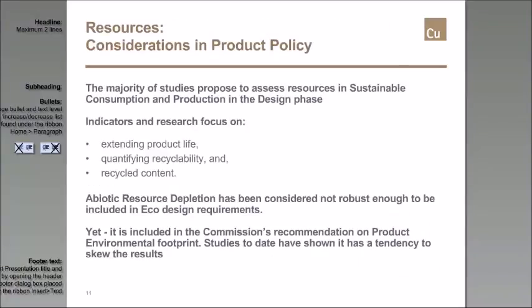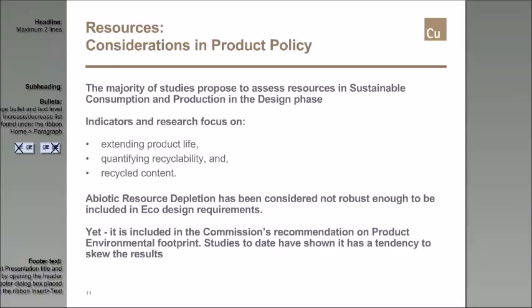So let's recap a bit the considerations of product policy and the trends to include resource efficiency. The majority of studies propose to assess resources in sustainable consumption, but at the design phase. And there is a clear trend to include in these concepts extending the life of the product, and quantifying the recyclability and the recycling content of those products.